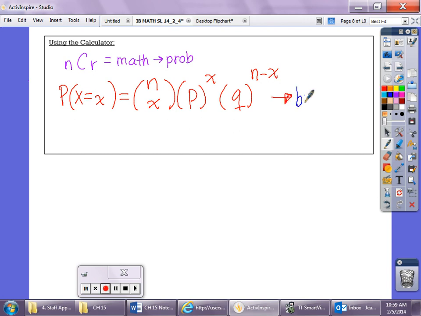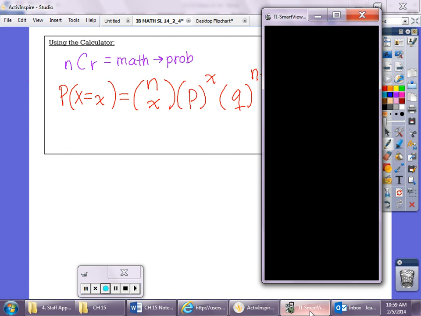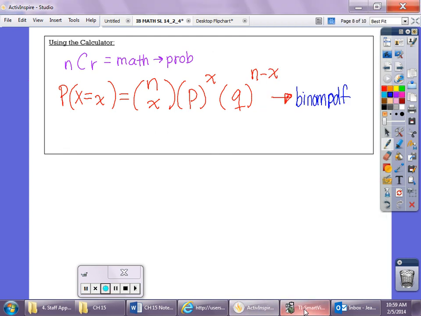There is binom PDF. So binom PDF, I was hoping to show it to you, but my calculator is still acting up. So where it is located, I can't remember off the top of my head, but I believe it's probably inside statistics.